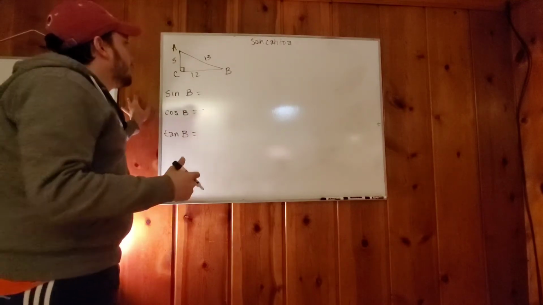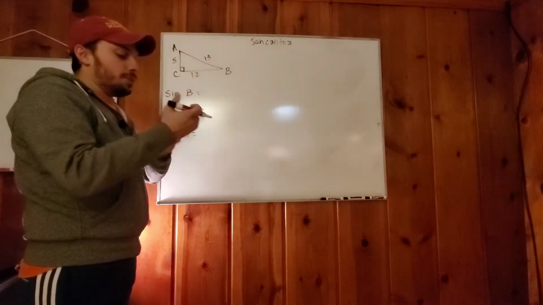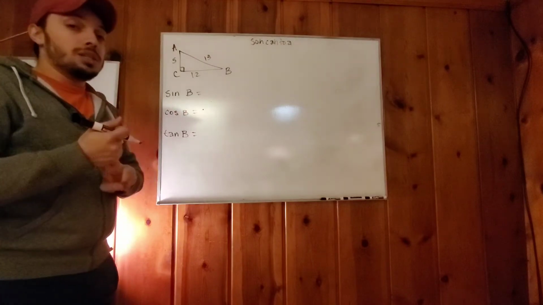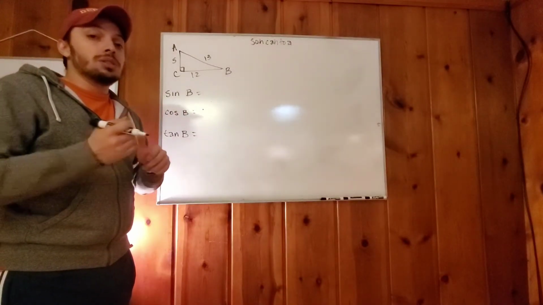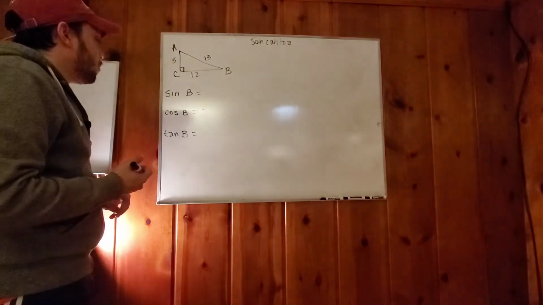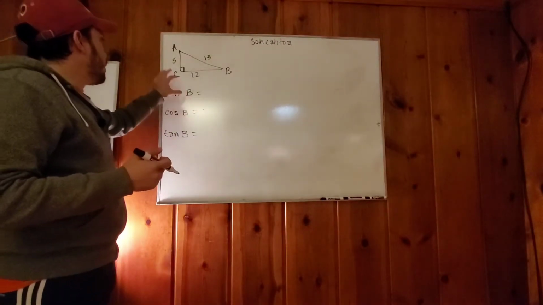Sine is opposite over hypotenuse, cosine is adjacent over hypotenuse, tangent is opposite over adjacent.